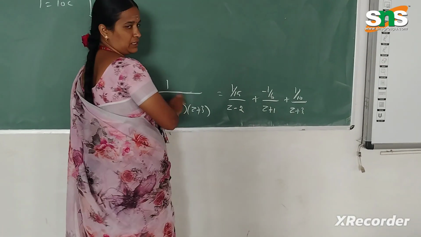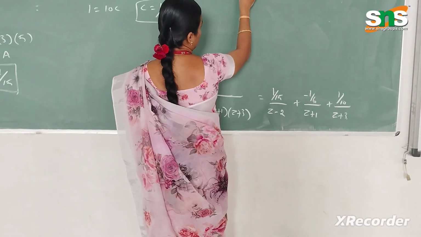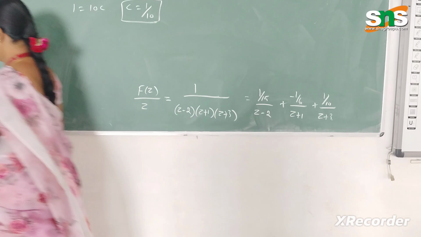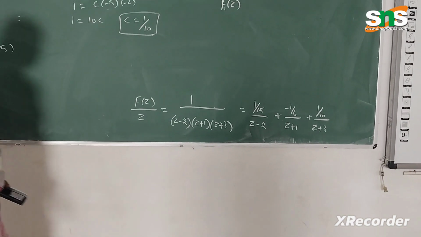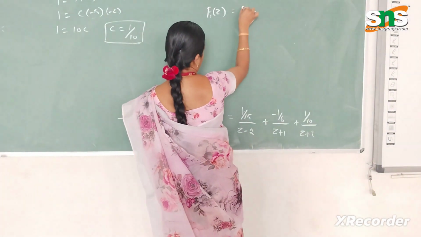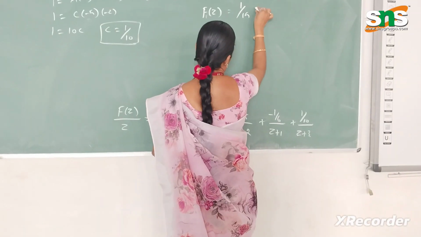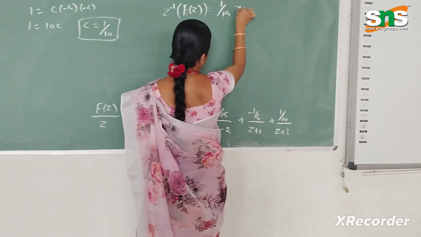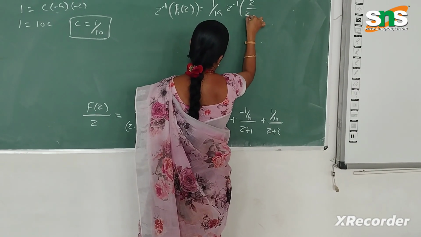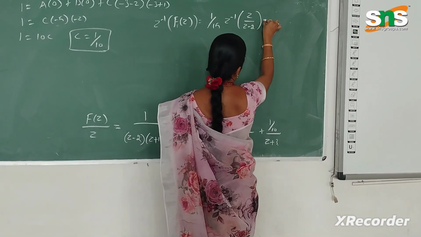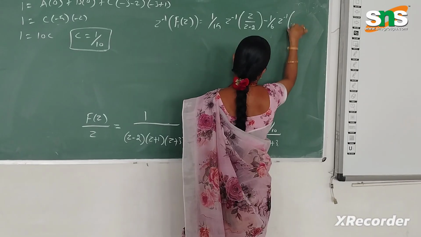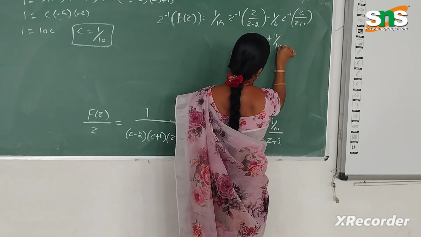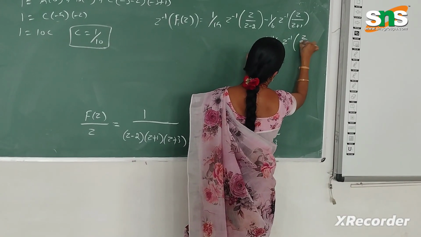Now taking Z inverse on both sides. So what is your F of z? F of z equals 1 by 15 into Z inverse of z by z minus 2, minus 1 by 6 into Z inverse of z by z plus 1, plus 1 by 10 into Z inverse of z by z plus 3.